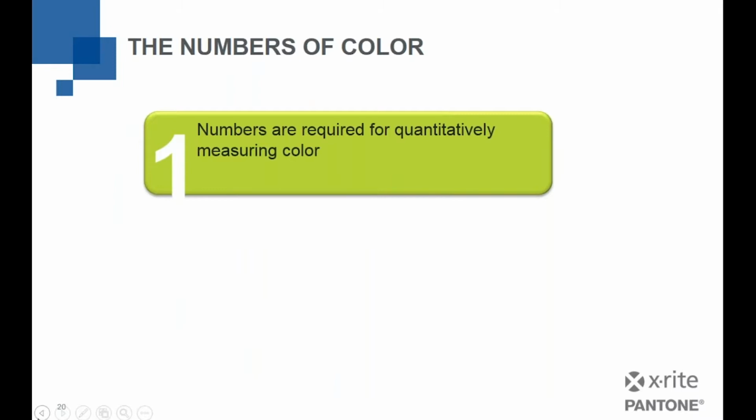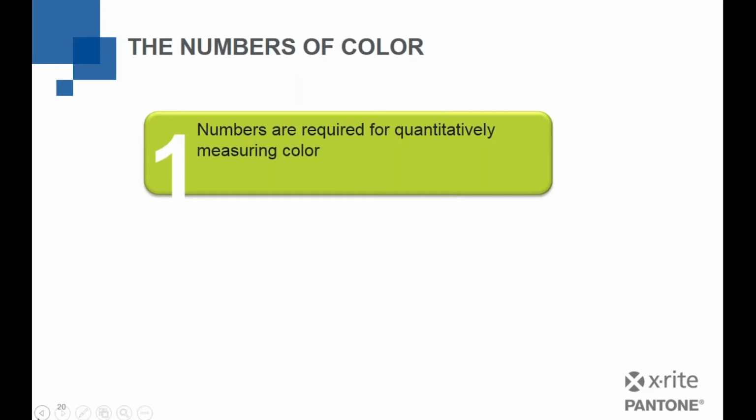So we know that we're going to calculate numbers to describe color, and we're using them because they're really required for quantitatively measuring color. It eliminates the human, the psycho-physio part of color. It eliminates our emotion and the fact that our eyes can be tricked and affected by surrounding colors and all those kinds of things.